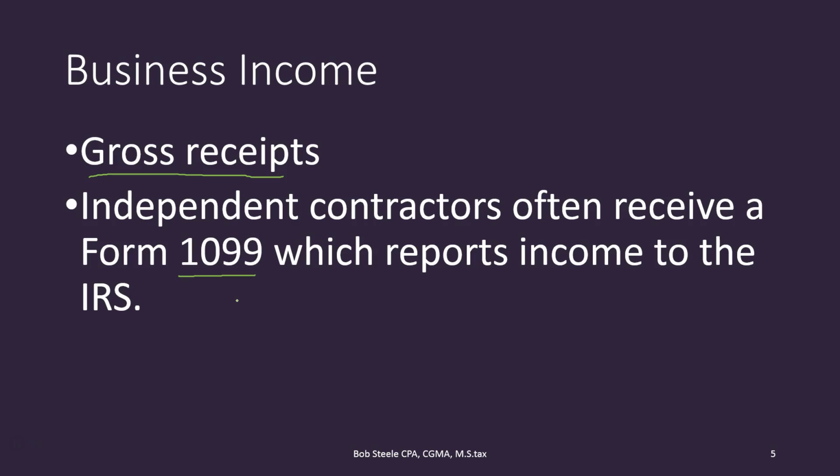Any income that we receive for doing work should be reported. Of course, the IRS is trying to tie it down kind of like the W-2 as much as possible so that they can verify the gross receipts. So whether we receive a 1099 or not, we need to report whatever income we receive as business income. If we do not report an amount equal to or greater than the number of 1099s we received, we are likely to be audited.